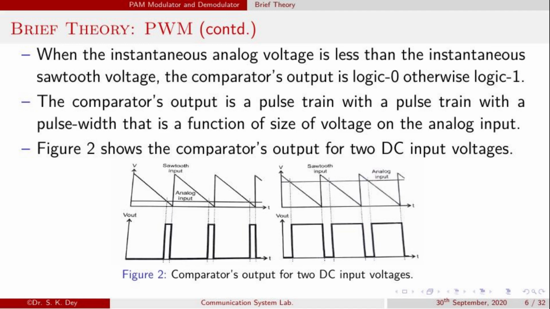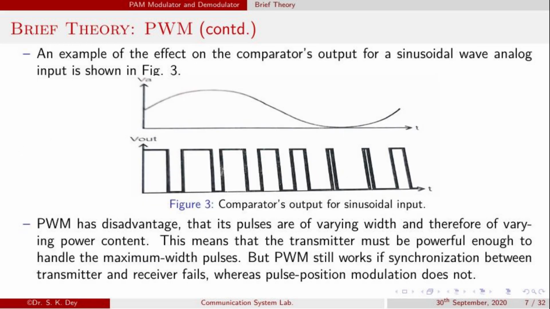The comparator's output is a pulse train with a pulse width that is a function of the size of the voltage on the analog input. Figure 2 shows the comparator output for DC input voltage. An example of the effect on the comparator output for a sinusoidal wave analog input is shown in figure 3.